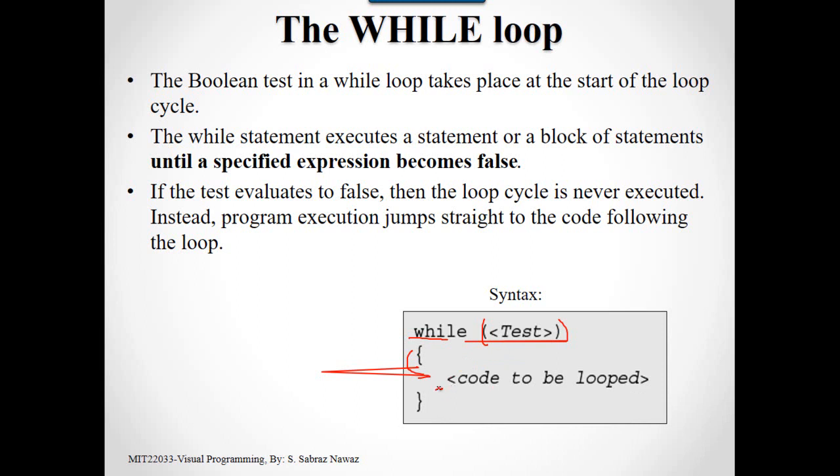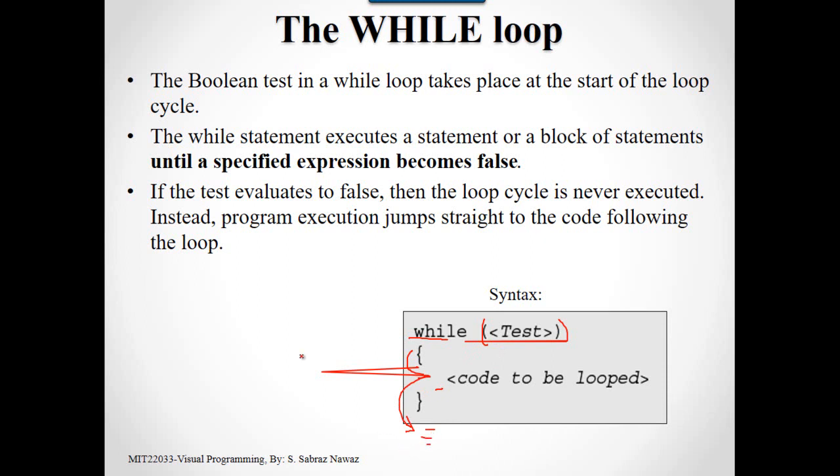Again it is executed, the counter variable is incremented by 1, so it becomes 3, and it executes 10 times. After executing the 10th time, the counter variable becomes 11, and it goes back here and tests. If it becomes 11, the test becomes false, and then the loop will jump out and the balance of the code will be executed.